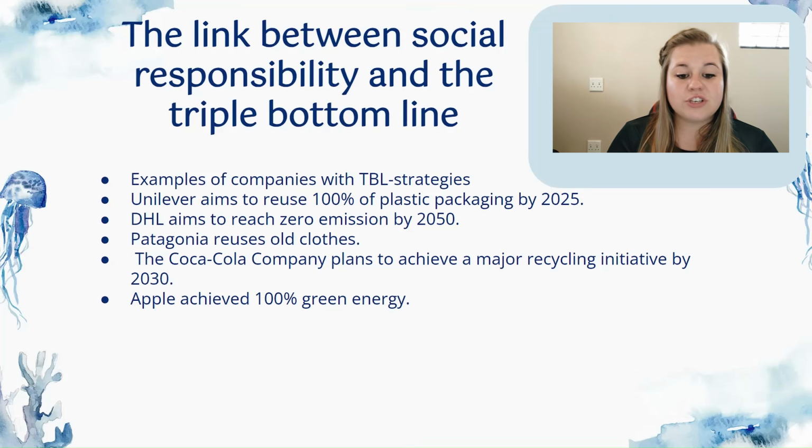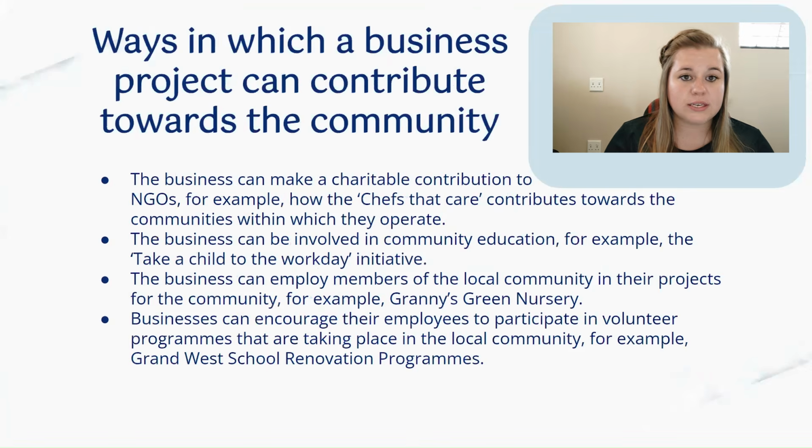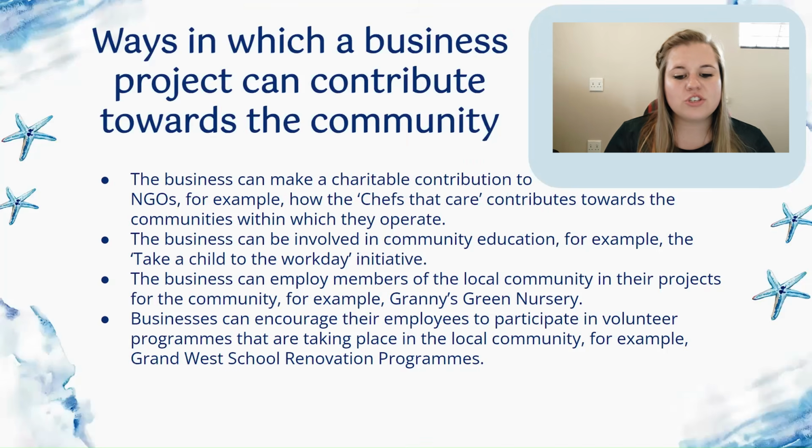DHL aims to reach zero emission by 2050. Patagonia, I hope I'm pronouncing that right, reuses old clothes. The Coca-Cola company plans to achieve a major recycling initiative by 2030. And Apple achieved 100% green energy.